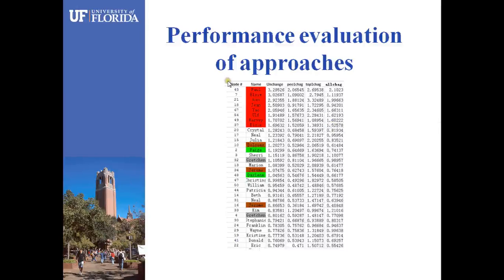Okay, this is the outcome of our project. You can see the red name is conspiracy, the green name is innocent people, the brown one is messengers, and the green one is conspiracy messenger.